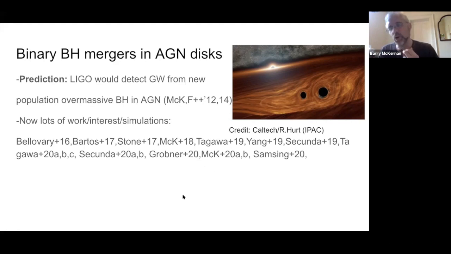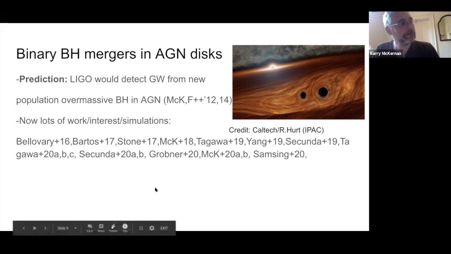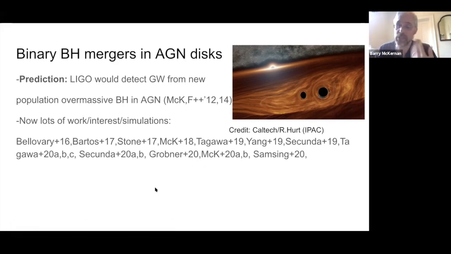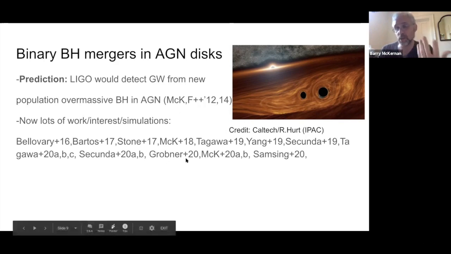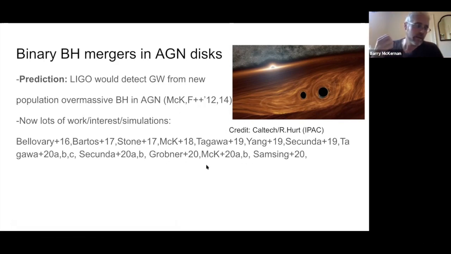I would say, broadly, for several decades we've known that things should live in AGN disks. That idea goes back to the 80s and 90s. And we've even known that they should migrate. But I'd say the takeaway from the last decade or so, all of this body of work, is that the things in AGN disks are going to merge with each other.